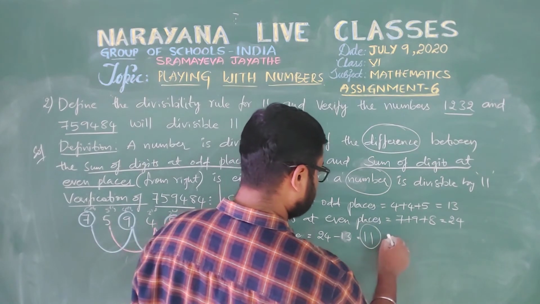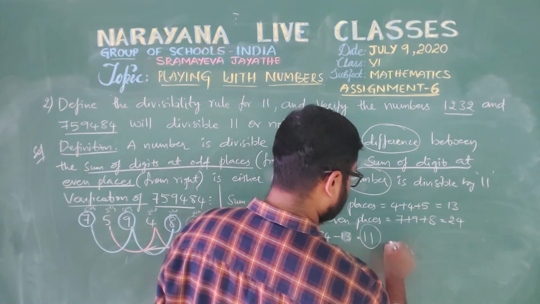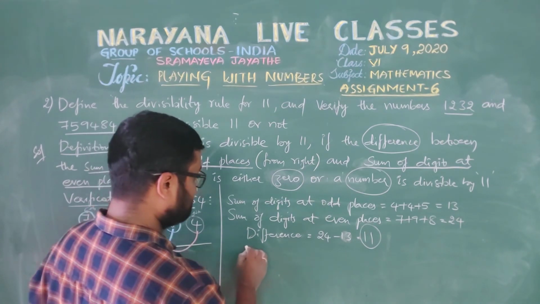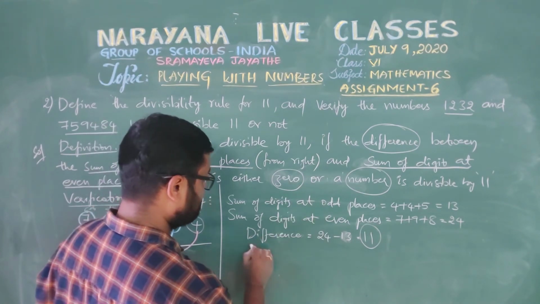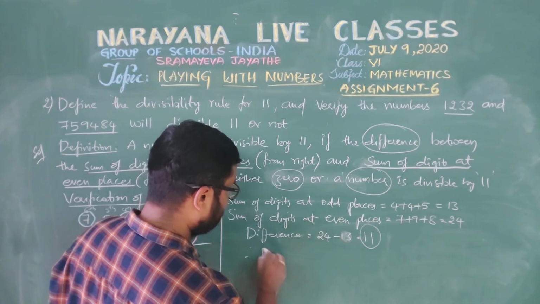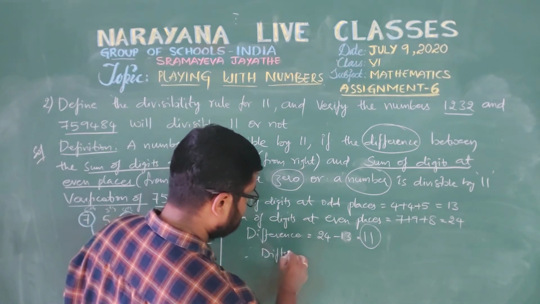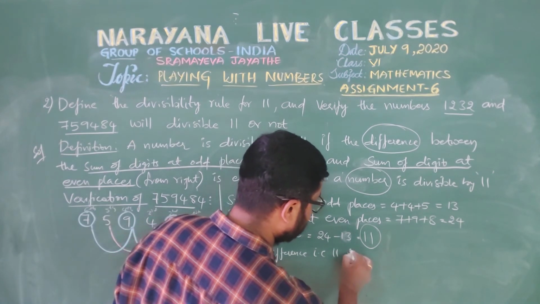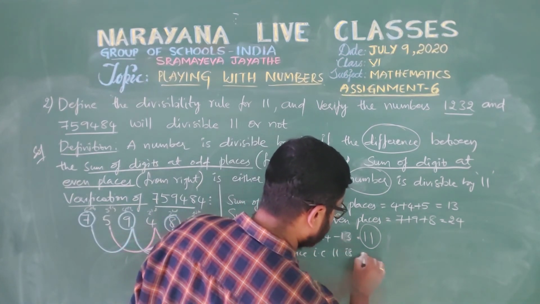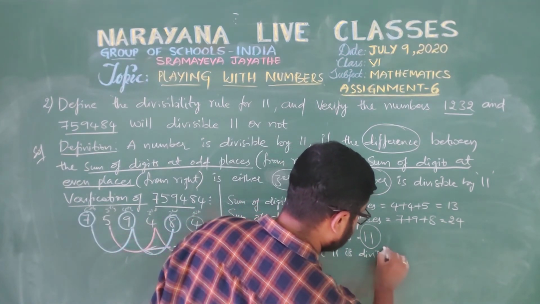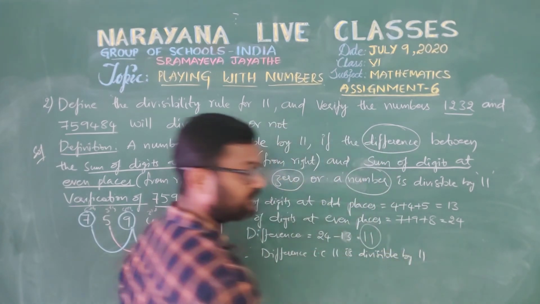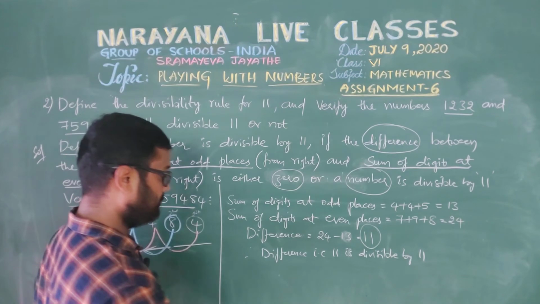Isn't it? So therefore the difference, that is 11, is divisible by 11.